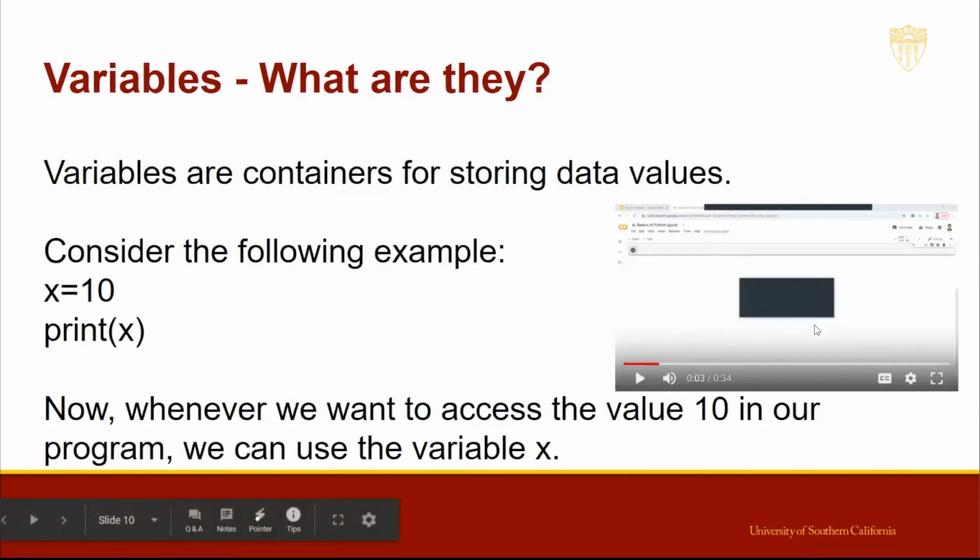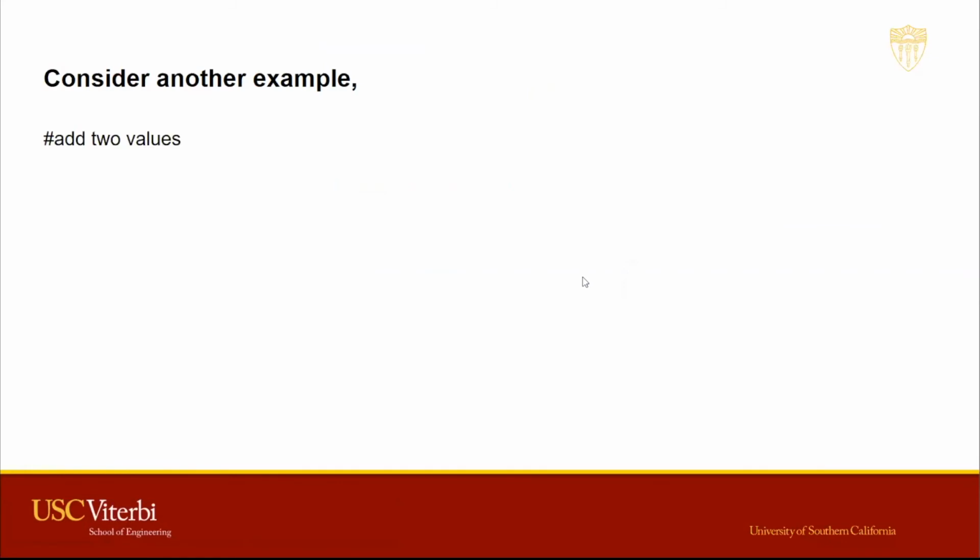We might want to consider another example. Notice here, the statement starts with a pound sign. So this is a comment. Number 1 is equal to 10. Here, the value 10 has been assigned to the variable number 1, and it is followed by a comment. This is the first number.